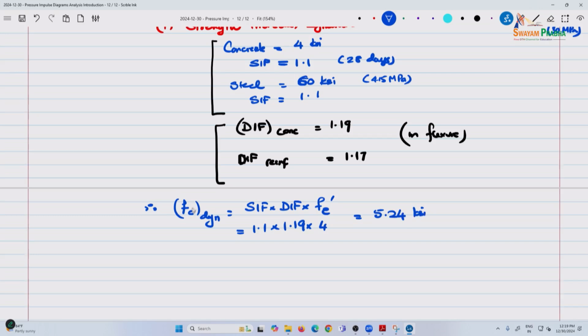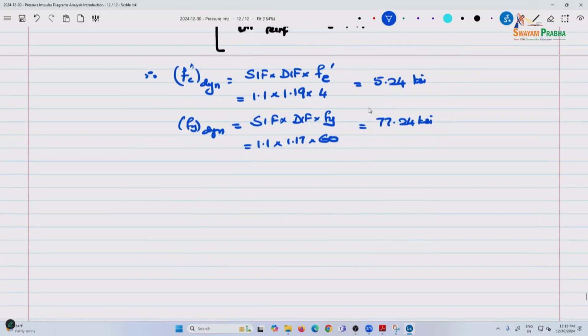And Fy dynamic is again your SIF multiplied by DIF multiplied by Fy. So it is 1.1 multiplied by 1.17 multiplied by 60. So this is 77 point. So you can correspondingly use your MPAs.